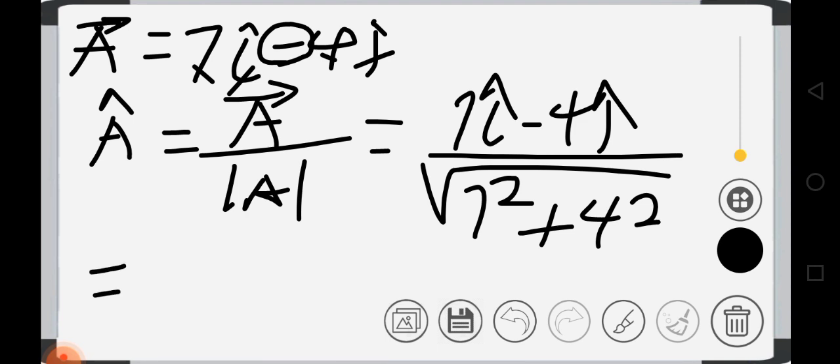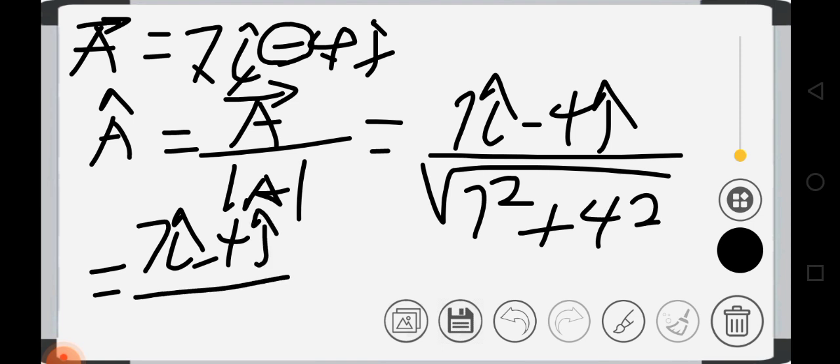So that will give us 7i minus 4j over the square root of 49 plus 16, which is 65.